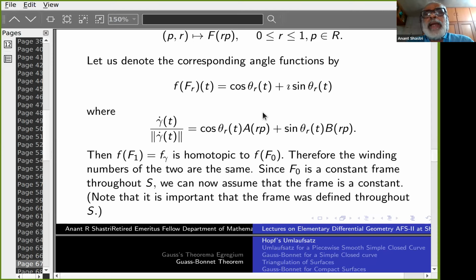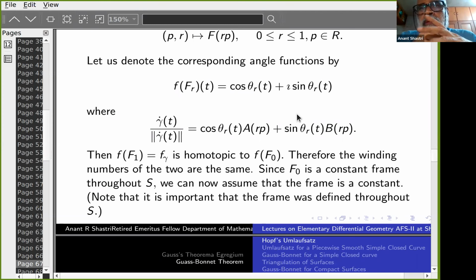Measure the tangent direction along any given direction. You can choose your direction to be the x-axis also. Then this integral of theta dot is precisely equal to 2 pi or minus 2 pi, depending upon, finally, whether we have taken anti-clockwise or clockwise.